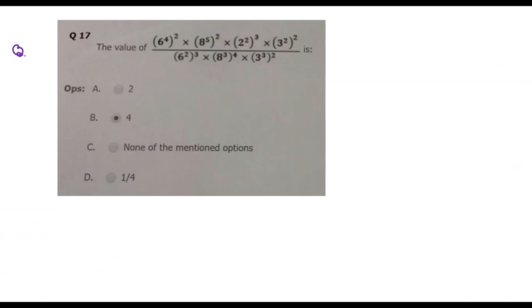Simplification related question. Simplify this. Calculator, no, that will not work for this type of question. So kindly use this in a bit.